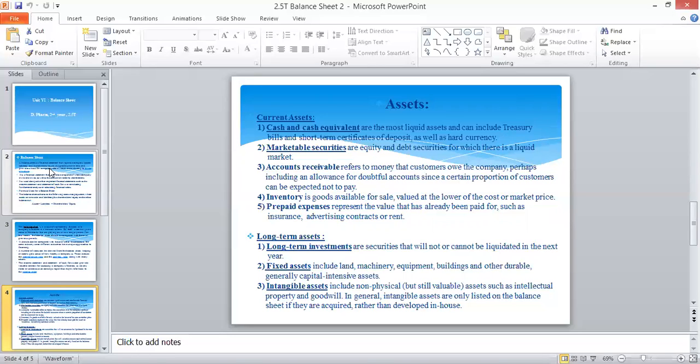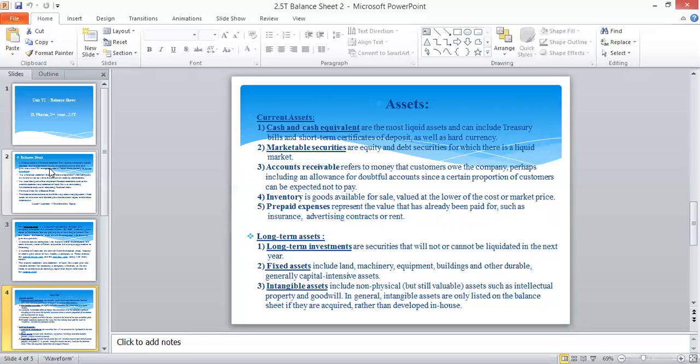Now, the second is long-term assets. Long-term investments are securities that will not or cannot be liquidated in the next year. Fixed assets include land, machinery, equipment, buildings, and other durables, generally capital intensive assets.